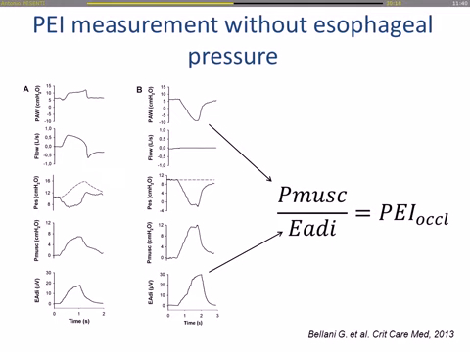But who cares? I don't care about the balloon. It is physically sound that with the airway occluded, if I measure the change in pressure in the airways, this tells me what is the change in the pleural pressure.